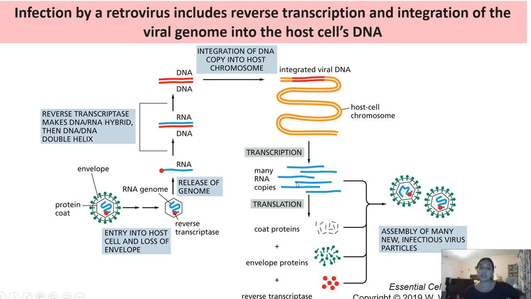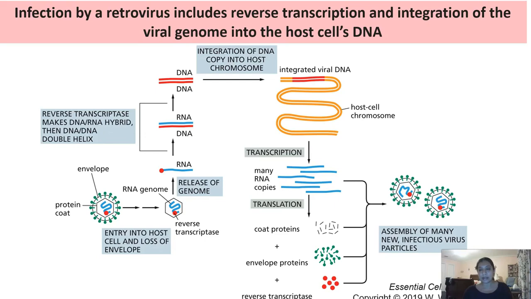It's going to use the transcription machinery of the host cell to make many RNA copies. Those RNA copies will contain all the different genes related to the viral proteins. Those proteins are going to be translated, and you're going to get all the building blocks of the virus that are then self-assembled spontaneously, just like before, into new infectious particles, which will then be released into the environment, ready to infect other cells.